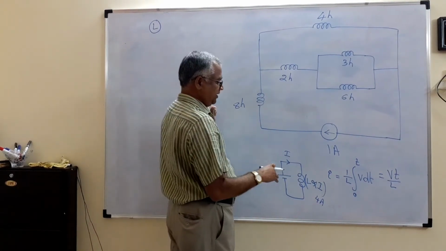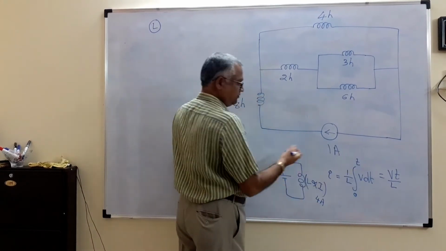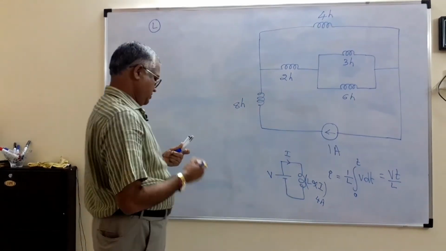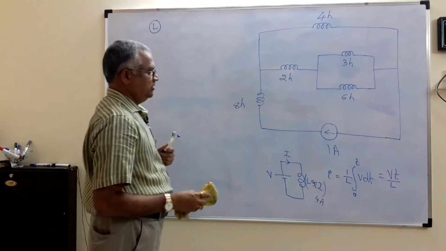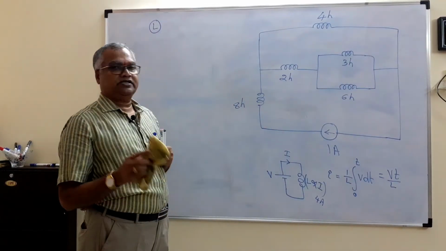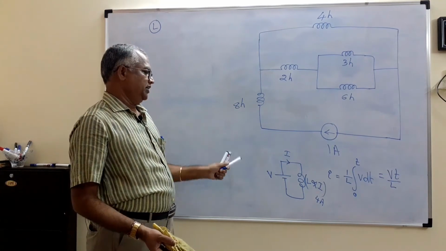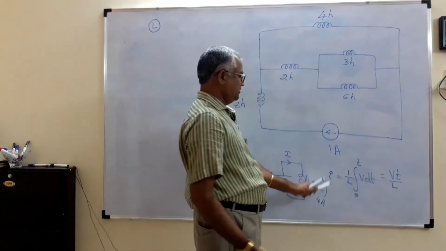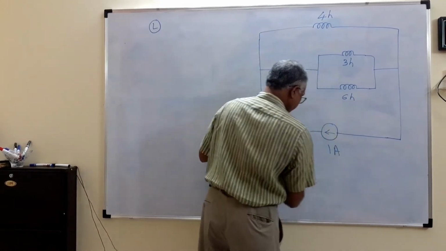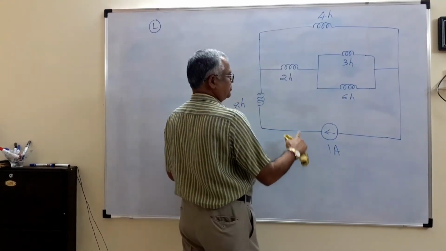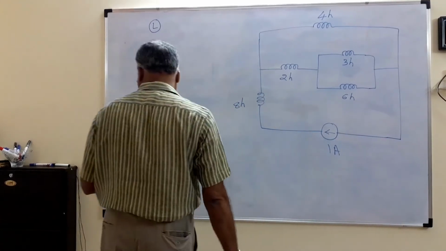That concept was explained earlier. Resistor specification is resistor and power. Capacitor specification is C and V. Inductor specification is L and I. That is the reason I am applying current source and not voltage source.